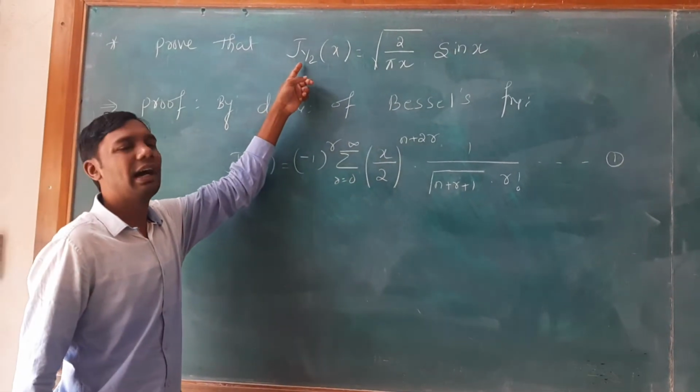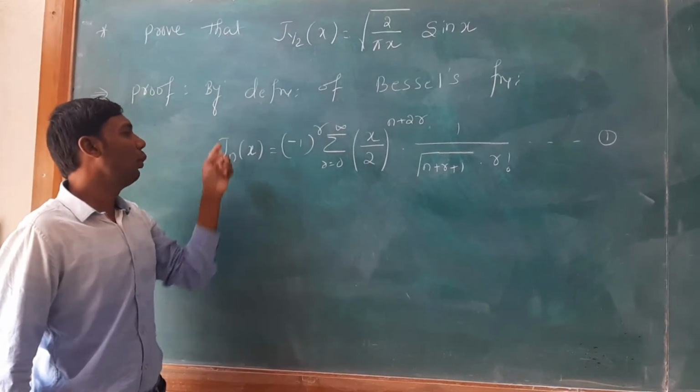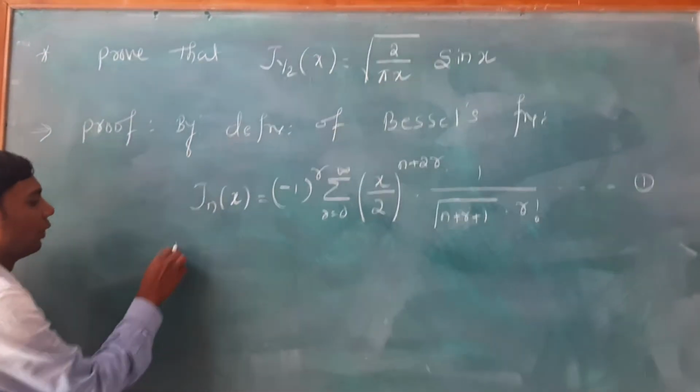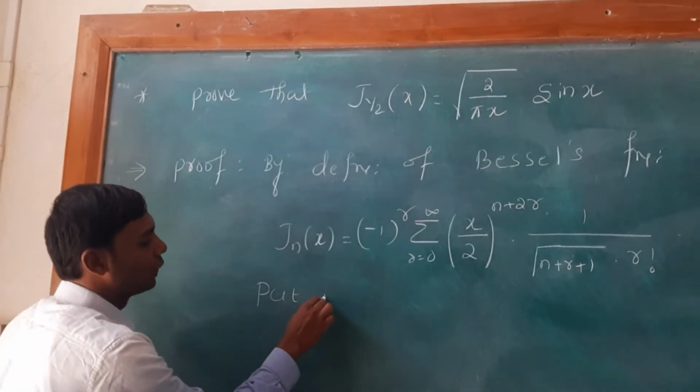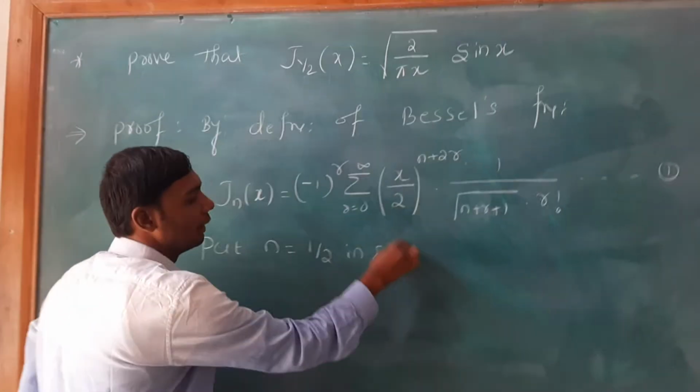We require J half. For that, here Jn of x is there. So put n equal to 1 by 2 in Bessel's function, that is, in equation number 1, then simplify.